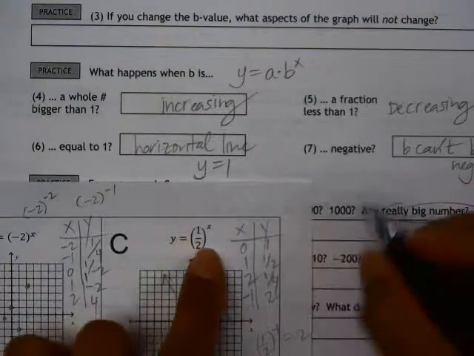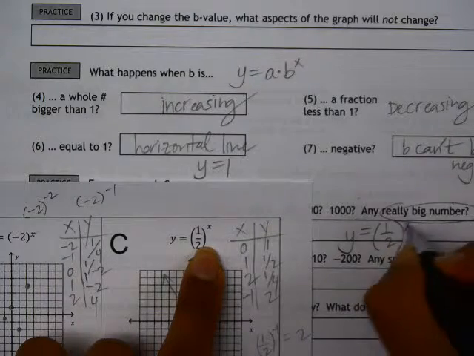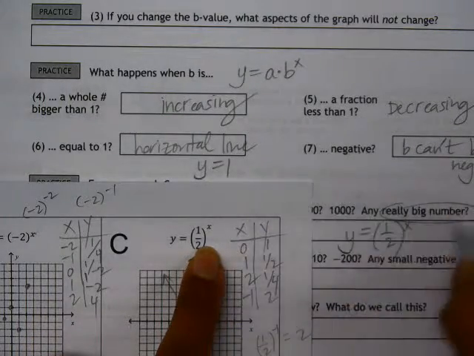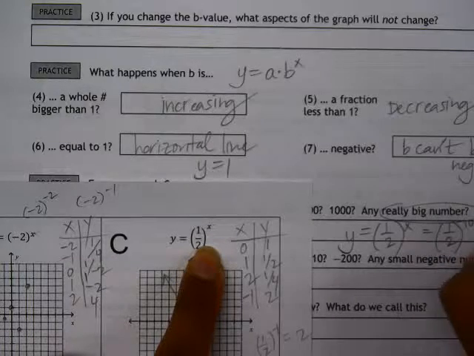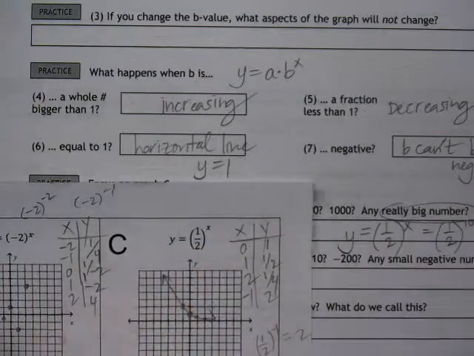So I'm going to go ahead and write down this equation, y equals 1/2 to the x. If I plug in a really big number, so for example 1,000, 1/2 to 1,000, this is 1 to 1,000, which is 1, over 2 to 1,000, which is some really big number.